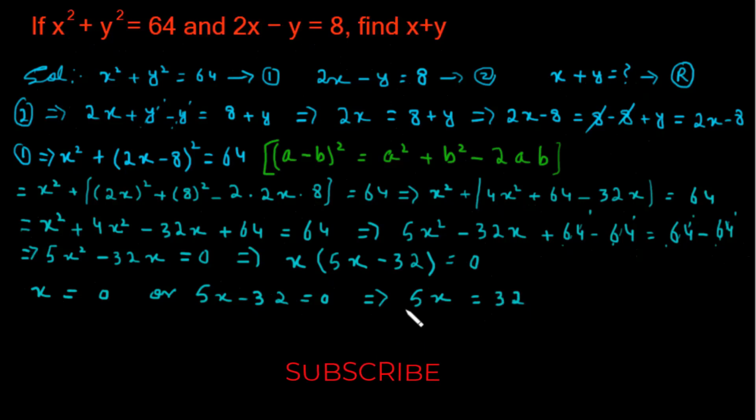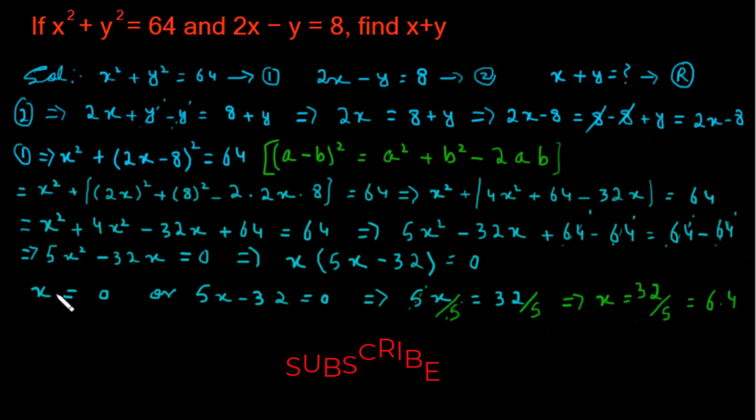Now dividing both sides by 5, I come up with x is equal to 32 by 5, which is equal to 6.4. So x has two possible values according to this equation: either x is equal to 0 or x is equal to 6.4.